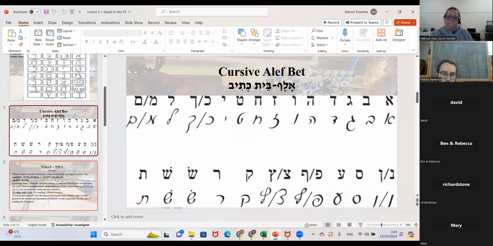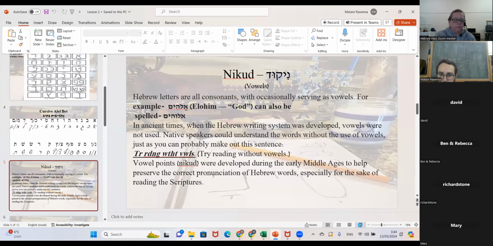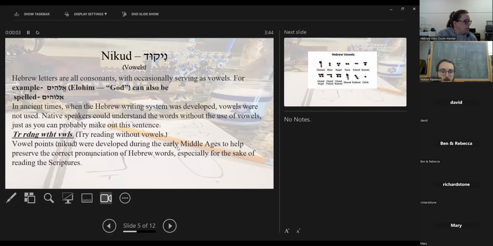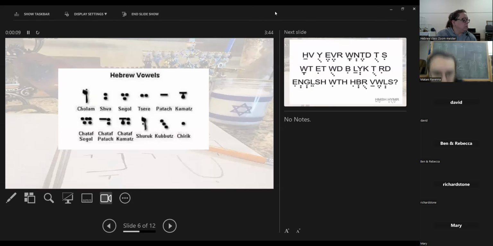We have the handwriting, and let's get to the vowels. So we already did this. Here's a very bad picture of vowels, but it's the best one I found that I knew will be projected well on a screen. Let's get right down to it. We have several vowels here.